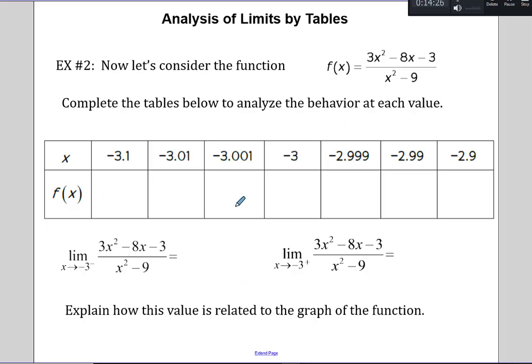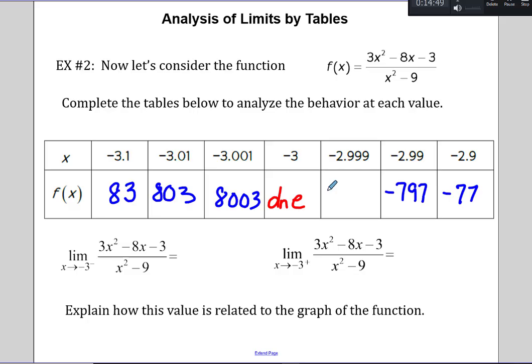So we have 83 here, 803, 8003, and then we had the case of does not exist because it said undefined, and then coming the other way, -77, -797, and then -7,997.